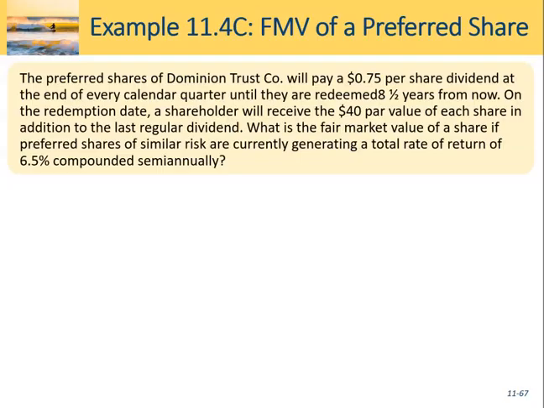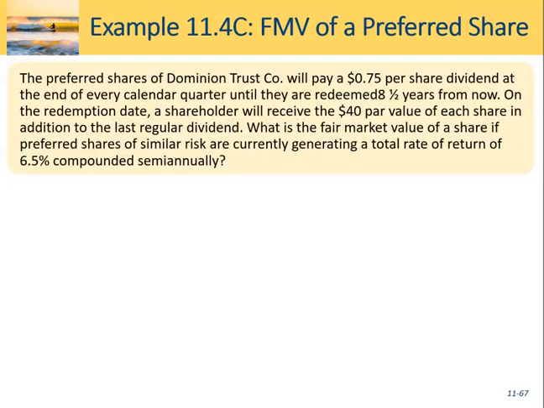So they're just throwing in extra corporation words. It's the exact same thing as what we've been doing. The payment is 75 cents quarterly for every share that we have. We're pretending we only have one. It's due in 8.5 years.